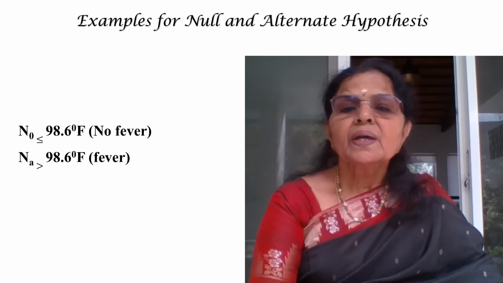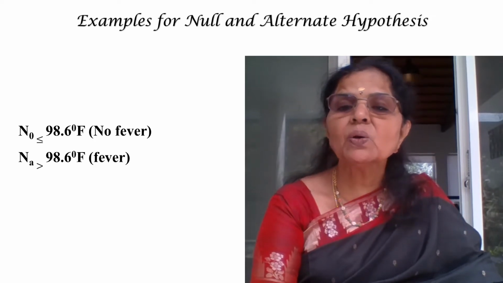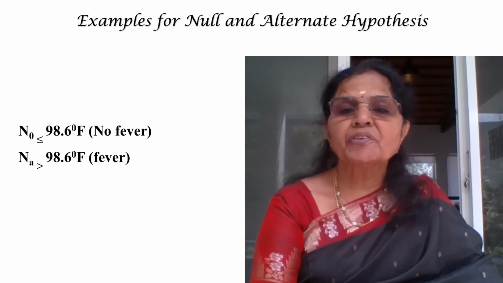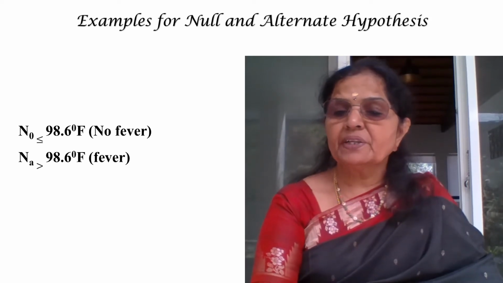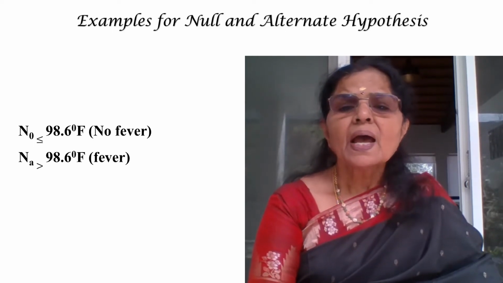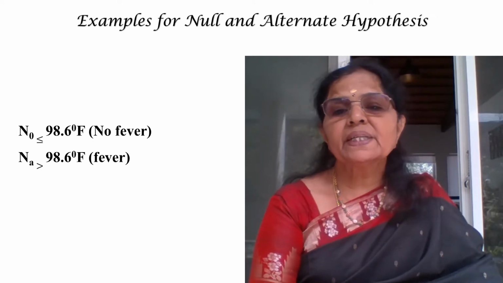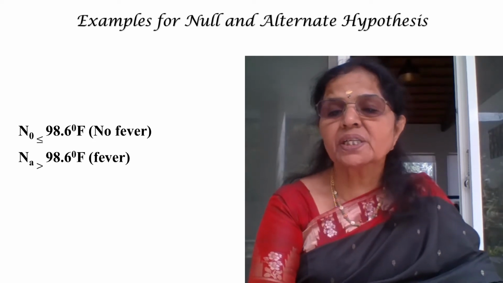What does it mean, mathematically opposite? The null hypothesis includes the temperature 98.6 degrees Fahrenheit and all the temperatures below it. 98.6 is the normal human body temperature. And the null hypothesis includes the normal body temperature 98.6 and below it, sometimes called hypothermia. And the alternate hypothesis includes all temperatures above 98.6 degrees. So you see that the alternate hypothesis includes whatever the null hypothesis is not including.